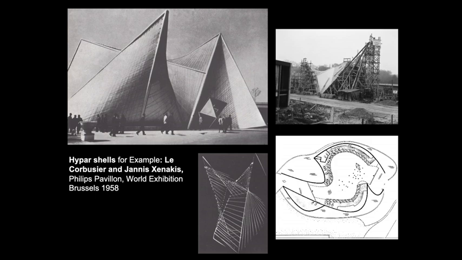For example, in this pavilion, Le Corbusier and Yannis Xenakis, who was an employee or a partner in his office, and by the way, a very good musician and a civil engineer, both developed the form, or maybe mainly Yannis Xenakis developed this form of the so-called Philips Pavilion at the World Exhibition in Brussels in 1958.